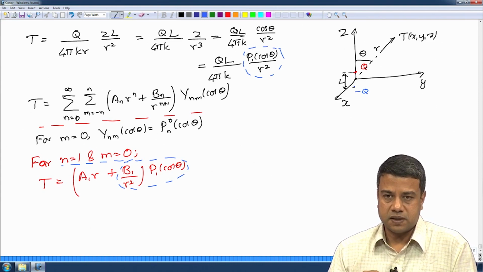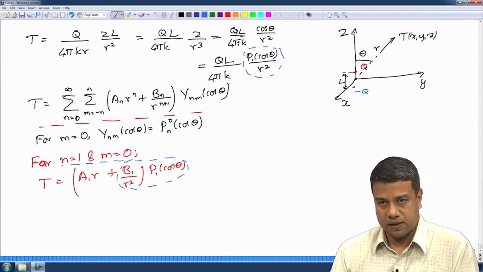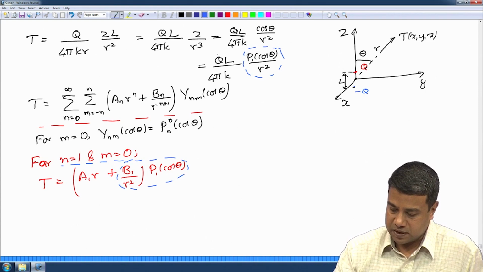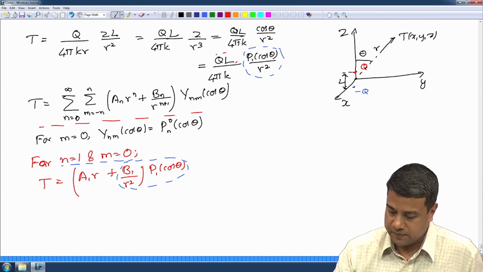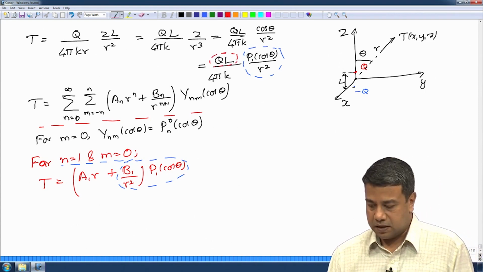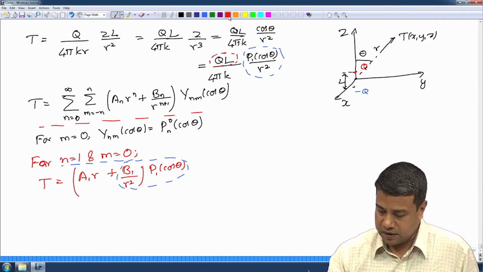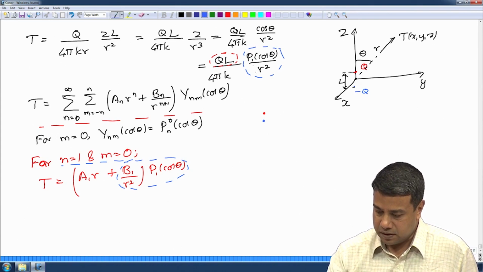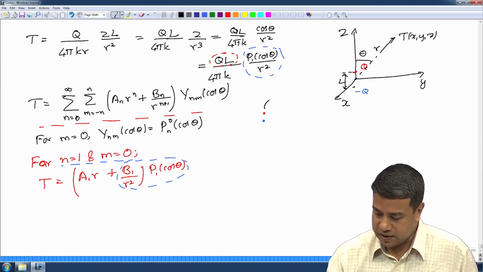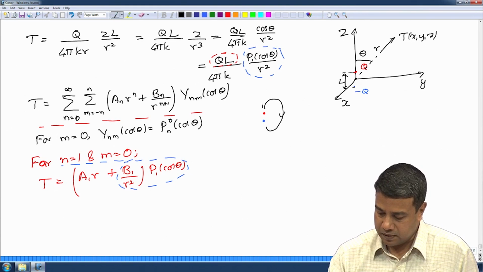So, this is the dipole, the point dipole, with a dipole strength which is given by Q times L. If you plot a source and a sink close to each other, the combination of these is going to give you flux lines that start from one and go to the other. This is the dipole solution for the Laplace equation.